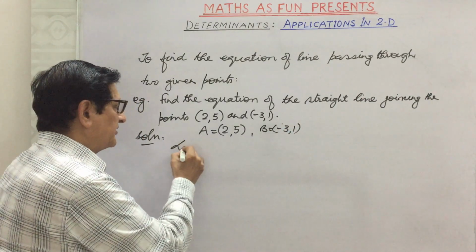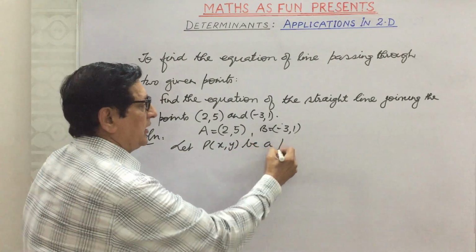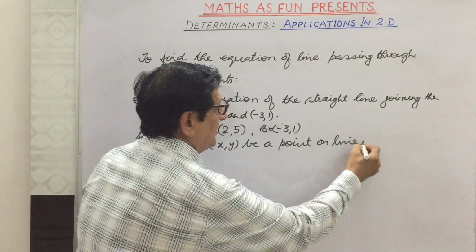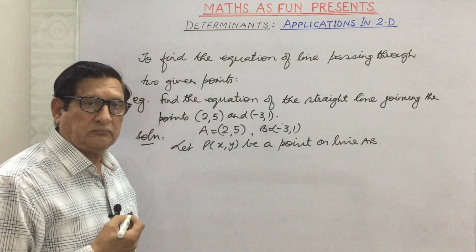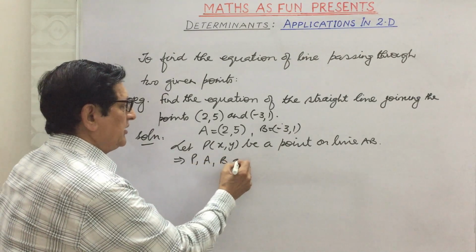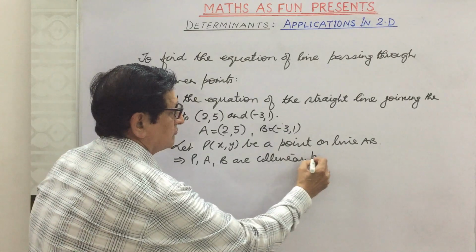And then we write the same thing. Let P (x, y) be a point on line AB. This implies that P, A, B are collinear points.